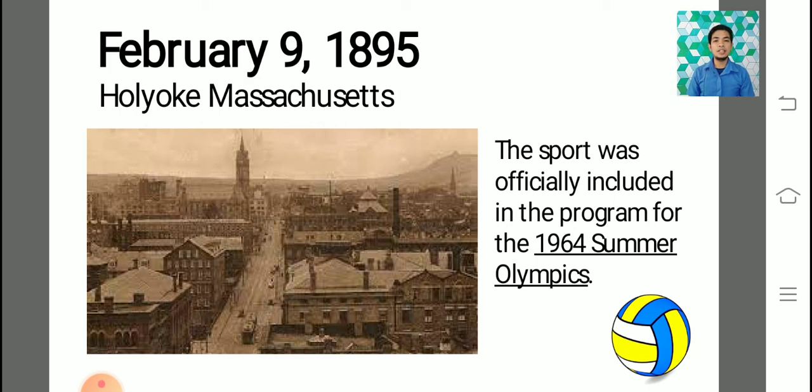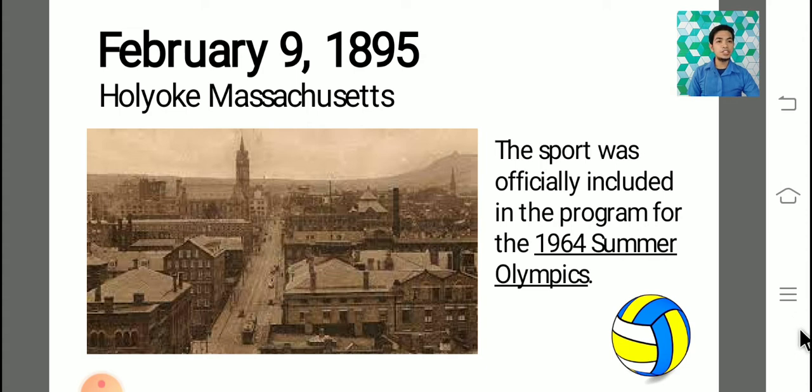Kagaya nga ng sinabi ko kanina, William Morgan was not a teacher. Instead, he is a businessman. Okay, siya ay businessman sa YMCA. At ang Young Men Christian Academy ay located sa Holyoke, Massachusetts.